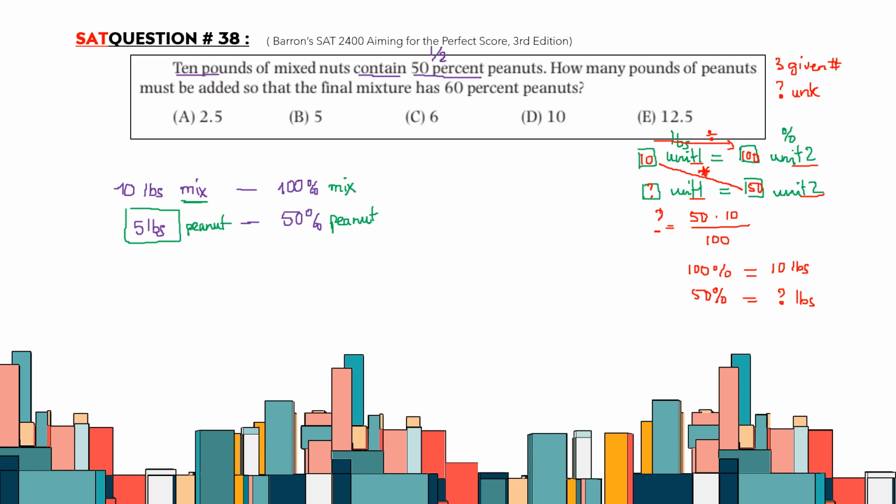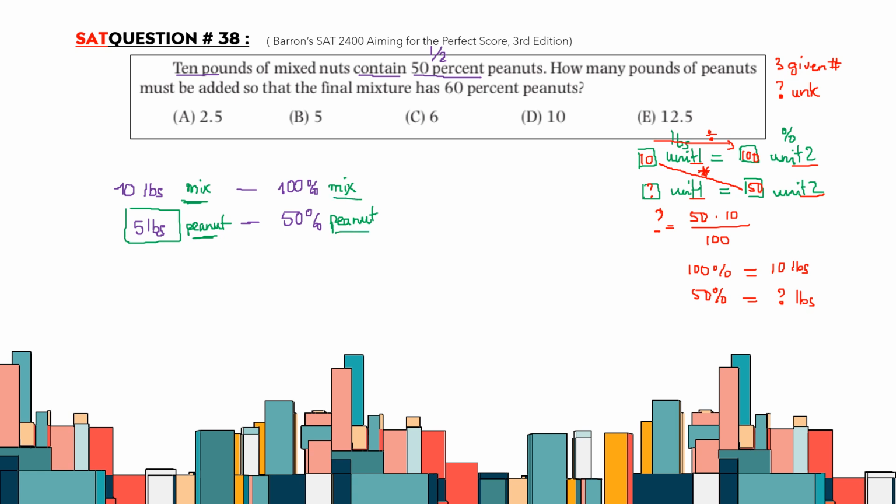The mix right here, we write down next to it, just to remind us that the mix is all of the nuts together, but the peanuts are a part of the mix as well.